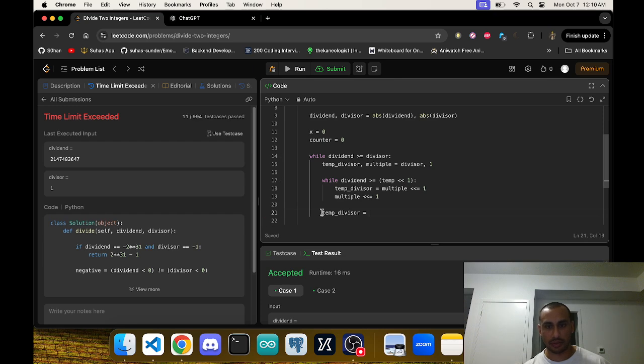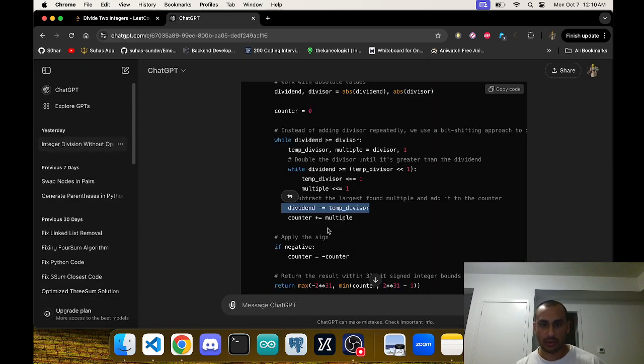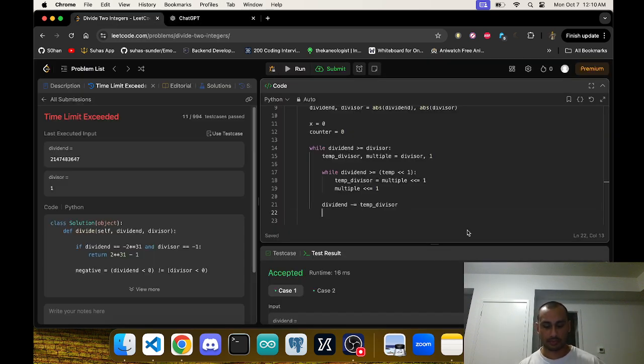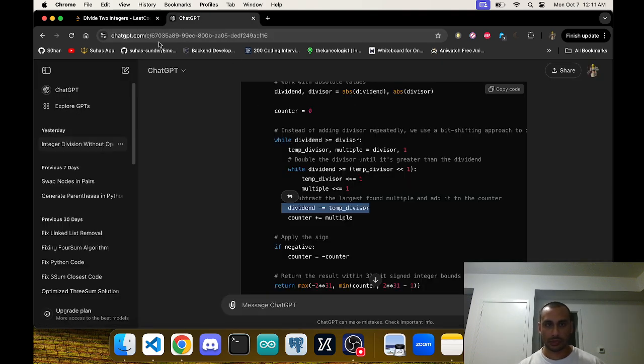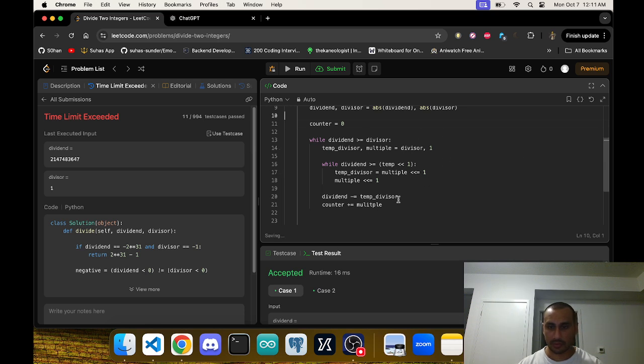Okay, so dividend minus equals temp divisor, and then multiple. So counter plus equals multiple. Alright, I can get rid of x now because we're not adding any more to it. We're using the temp divisor within this loop directly.